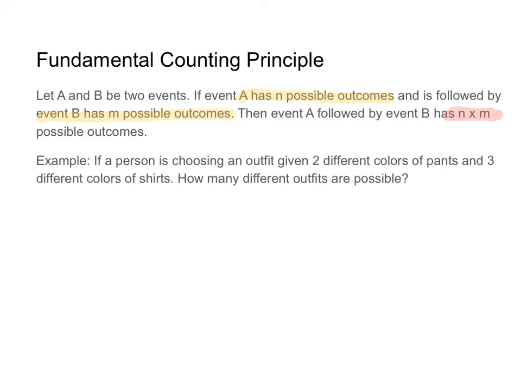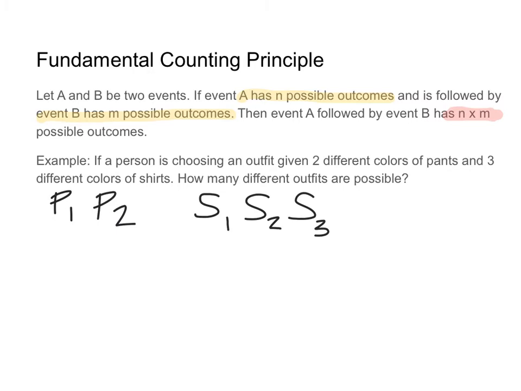One way we can do this is we can look at a tree diagram. Let's just do our 2 colors of pants. We either have pant 1 or pant 2. And then our shirts, we either have shirt color 1, shirt color 2, or shirt color 3.